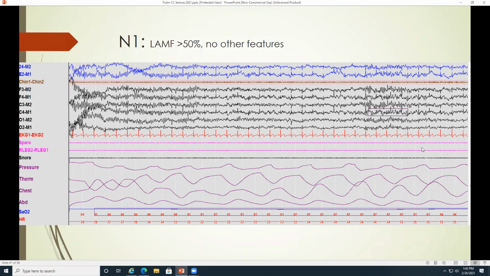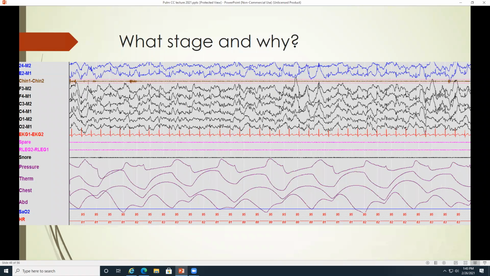And they could easily give you something like this. You got to count it up or estimate what takes the majority. What about this? So awake or asleep? Okay, good. K complexes or sleep spindles? All right.